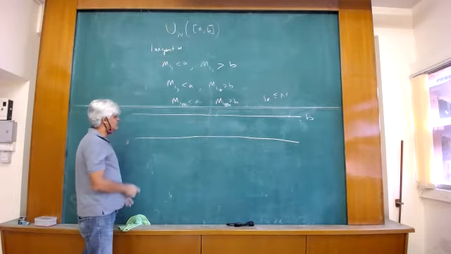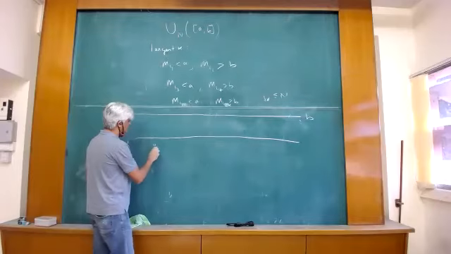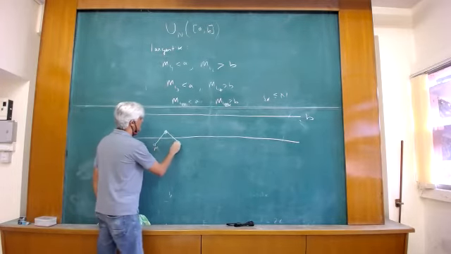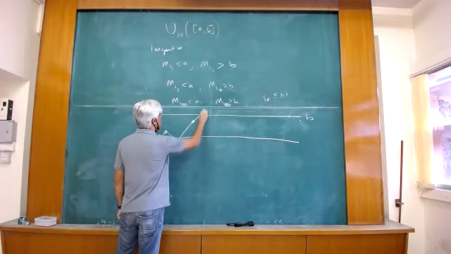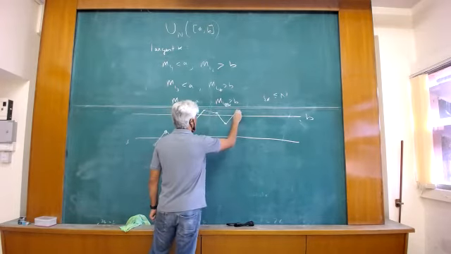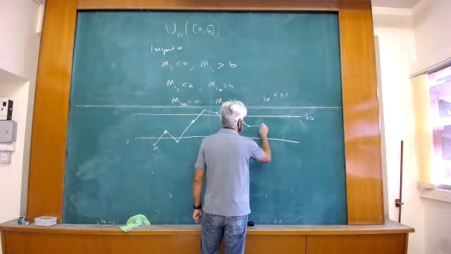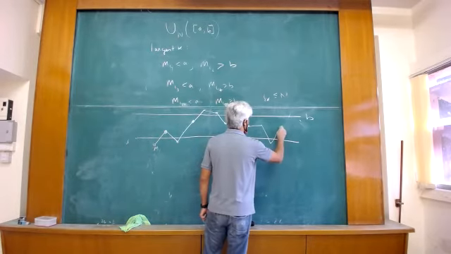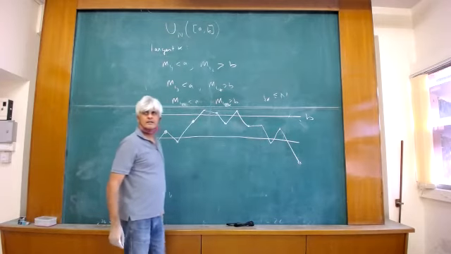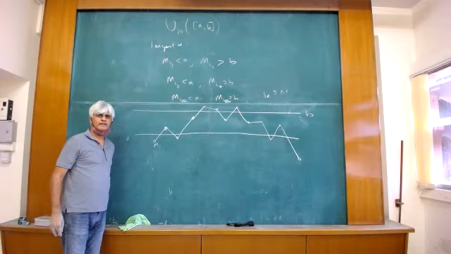Okay, so let's see what we are going to do. Let's suppose that M1 is here, and then we go here, then here, then here. Something like this, just some arbitrary sample path, so this is omega by omega, right?